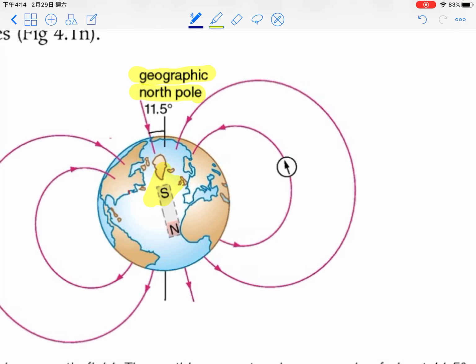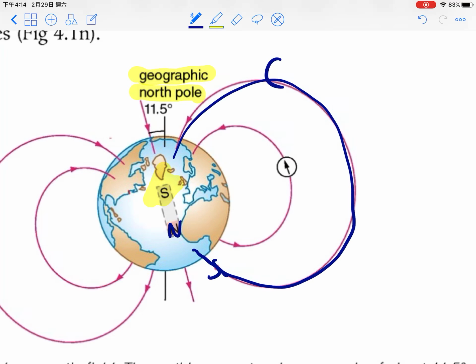Because you know, magnetic field we can draw from the North Pole. The Earth actually behaves as a giant magnet, a large magnet. The magnetic field starts from the North Pole here and then goes to the South Pole. If I put a compass here, it has the same direction as the magnetic field.